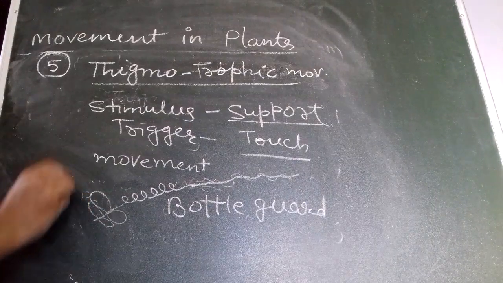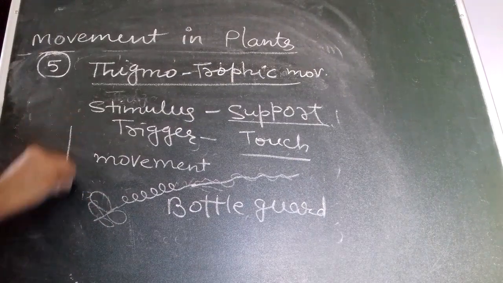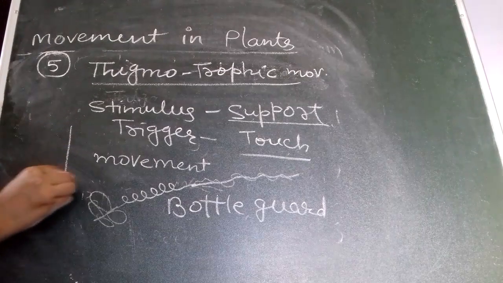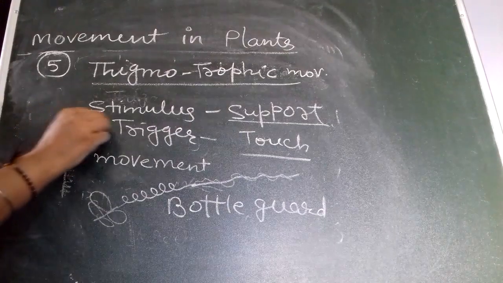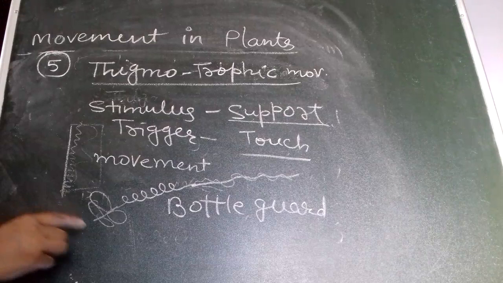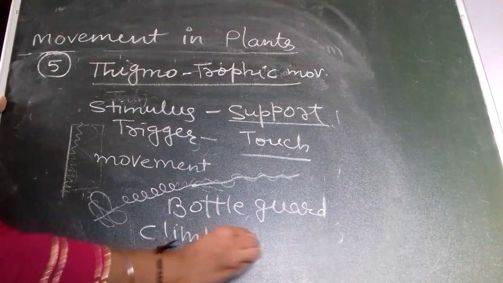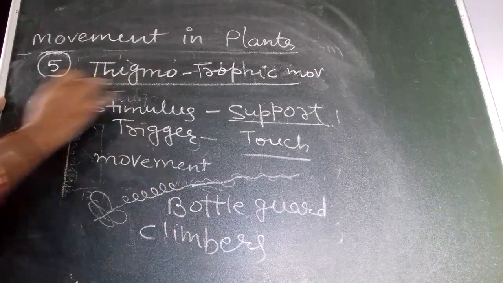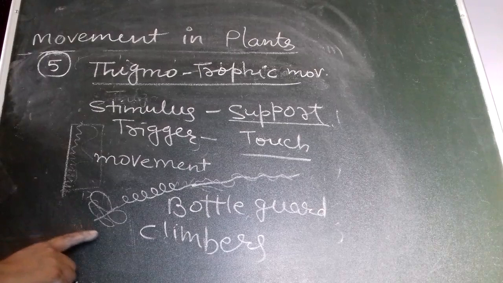Some plants are grown near walls, and these climbers move according to these walls and spread all around them. So we can give climbers as an example; climbers also show thigmotrophic movement. Some pea plants also show thigmotrophic movement.